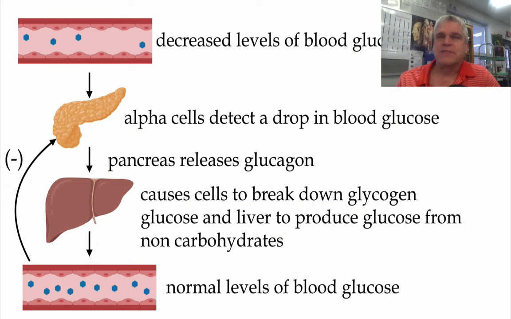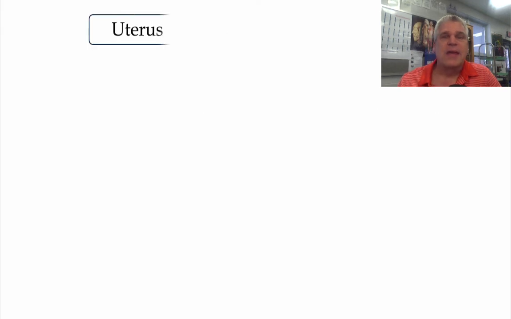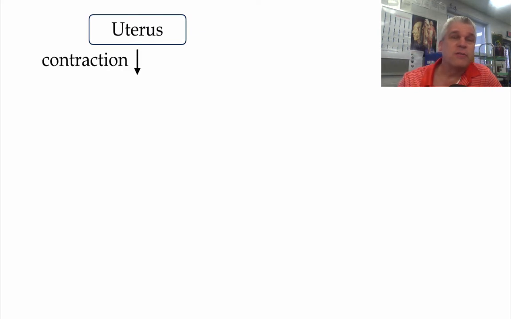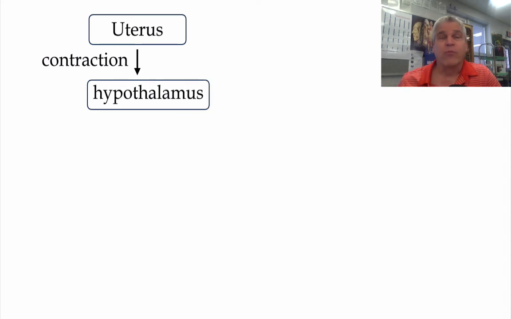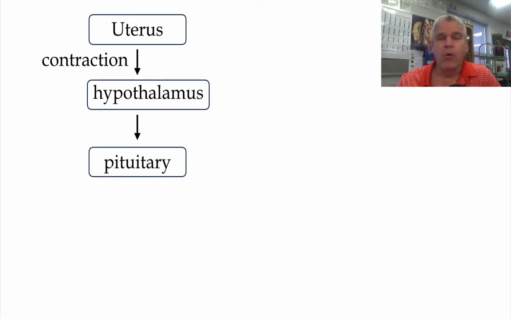Right, well, what about a positive feedback system? There are not a whole lot of examples, especially in humans, but let's take a look at one example. At the end of a pregnancy, the baby is going to start to produce a hormone that is going to tell the uterus to start contraction. So the mom's going to begin labor. Right? When the hypothalamus detects that contraction is beginning, it is going to produce a hormone that goes to the pituitary gland.